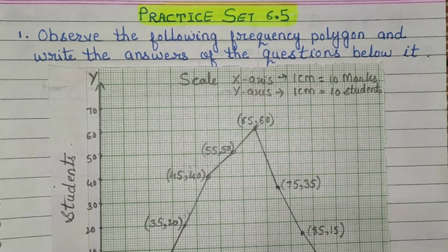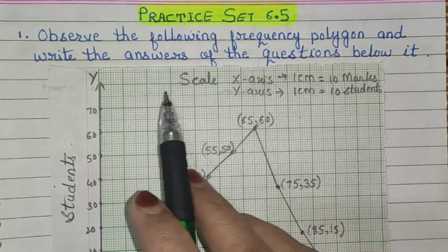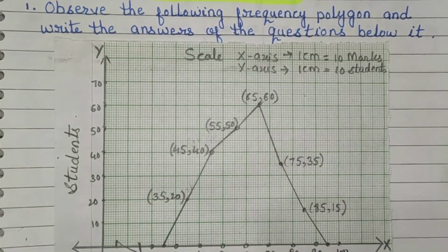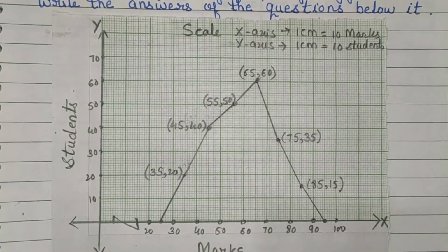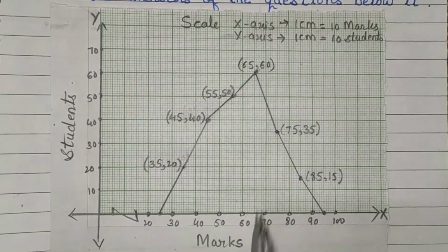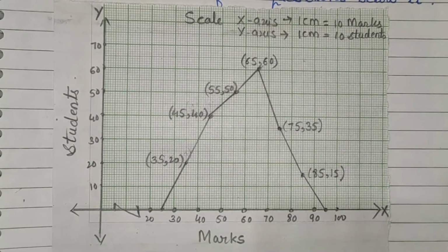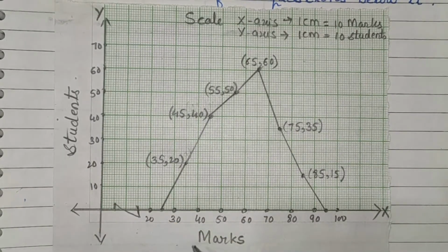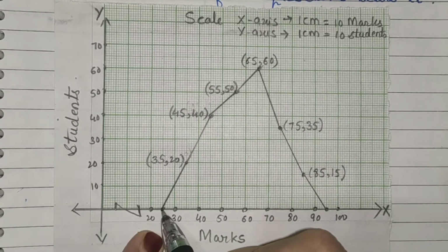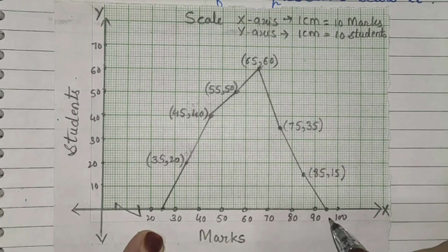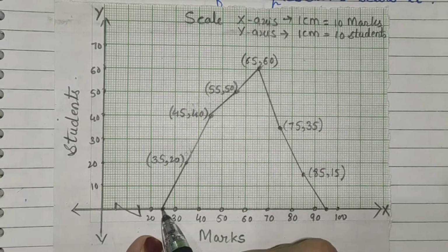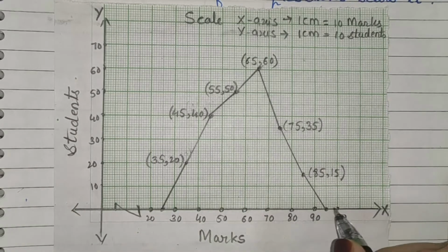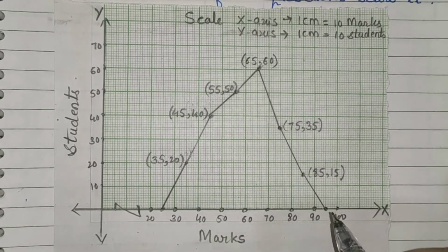First question is, observe the following frequency polygon and write the answers of the questions below it. Now look at here, it is a frequency polygon. Look at carefully. On x-axis marks, on y-axis number of students, means frequency. Now look at here, the frequencies are here 0 and here 0. It is an additional class mark before the first class and after the last class.